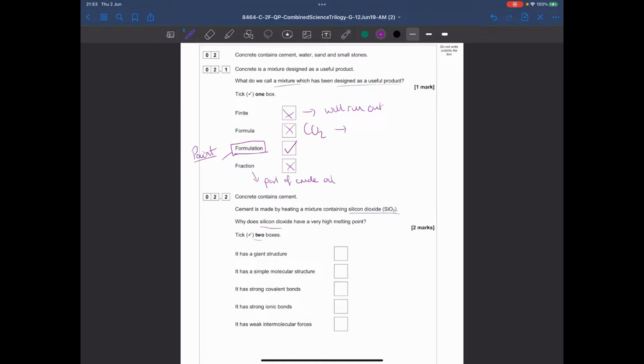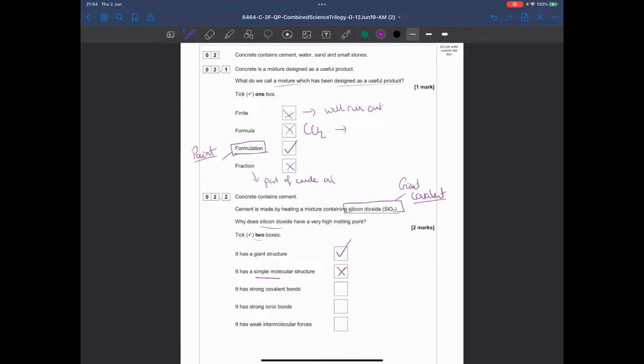So silicon dioxide, we should remember, is one of the giant covalent structures, a bit like diamond. So what properties do giant covalent compounds have? Well, they are giant structures. They are hundreds of molecules big. So therefore it's not number 2. A simple molecular structure would just have a couple of atoms.